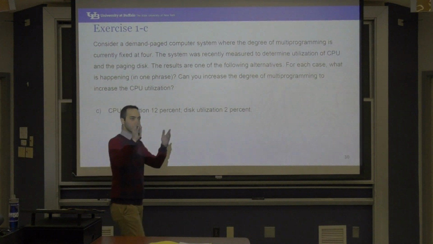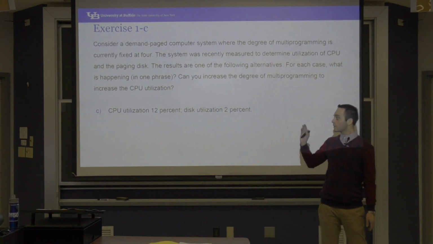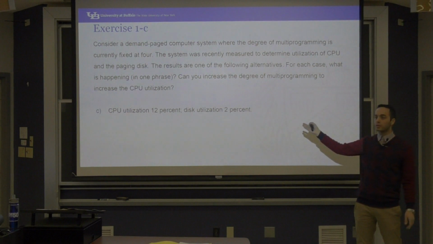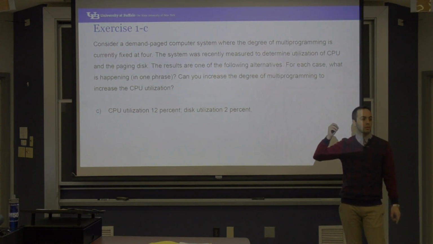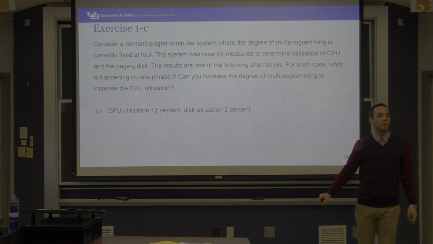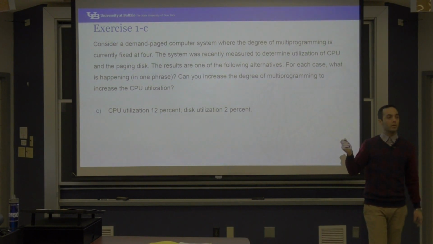Maybe somewhere from here. If we take a look at the system, CPU is utilizing like 12% and disk is also 2%. What's going on? Okay. So, can we increase the degree of multiprogramming?